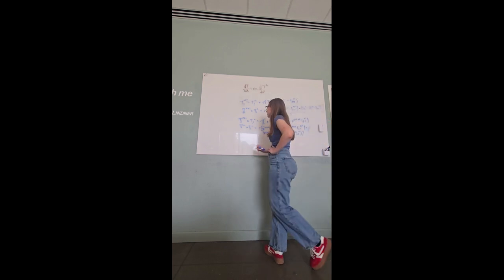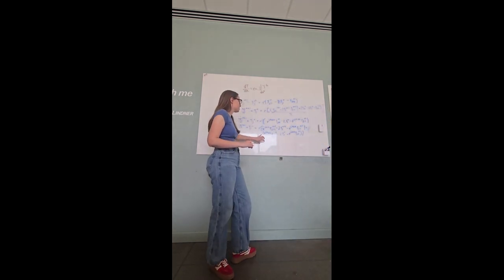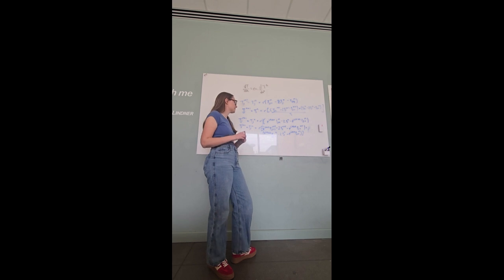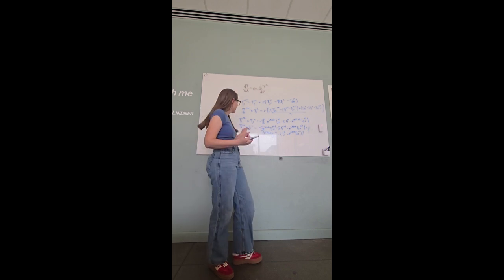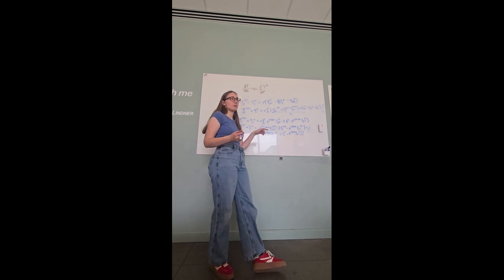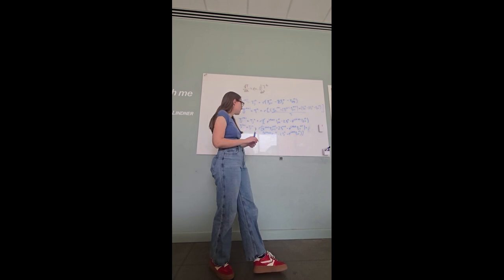And then this is for stability, right? So next thing that we want to do is separate these two, have one side be T_j^(n+1) and one side be T_j^n.